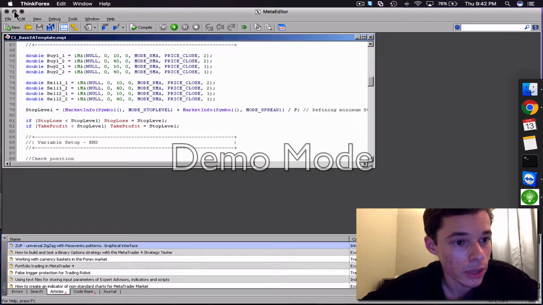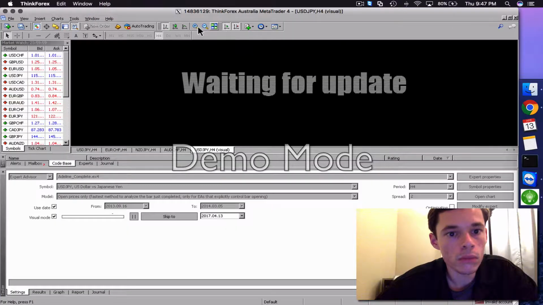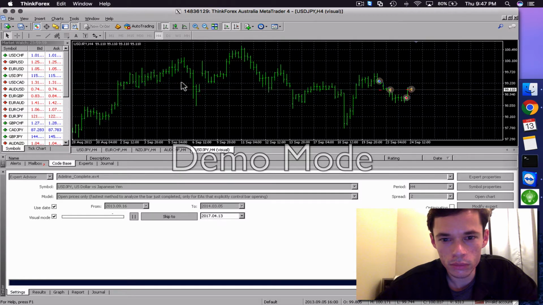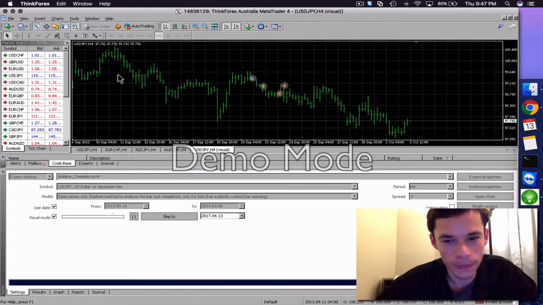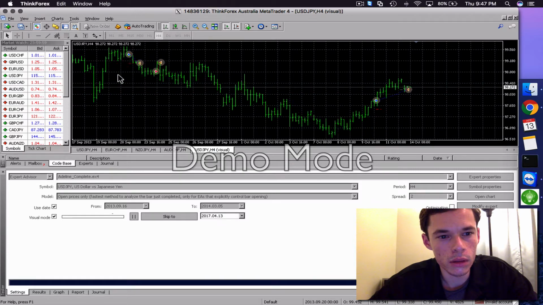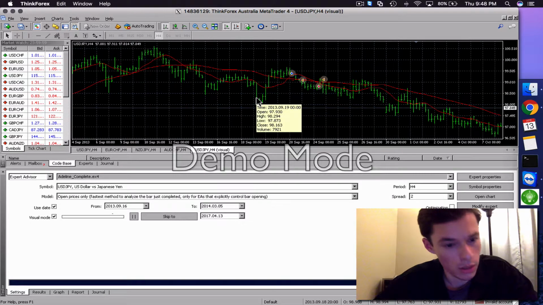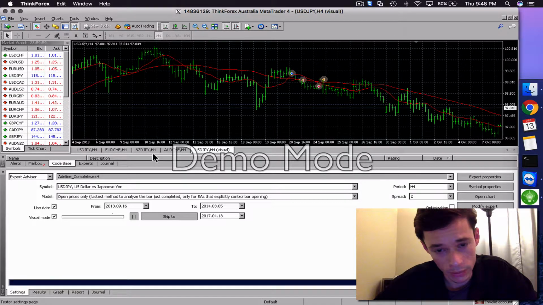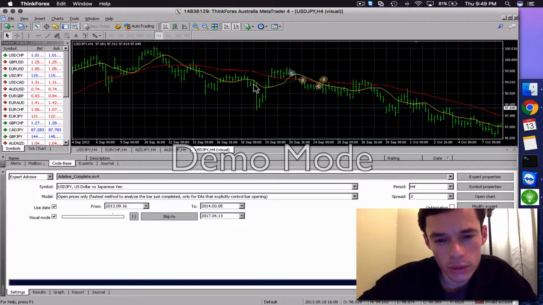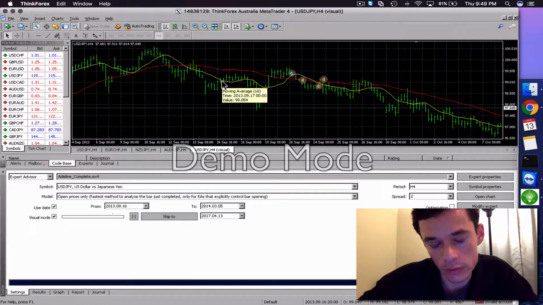And so we can do that right now. The process of doing this is to click compile. And so you'll see here that we're testing out the US dollar and Japanese yen. This yellow trend line right here is what's called the simple moving average. By moving, it means that every given tick data value will contribute to the new average for that given instance of time.